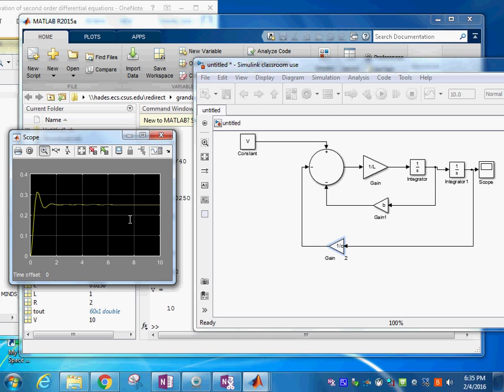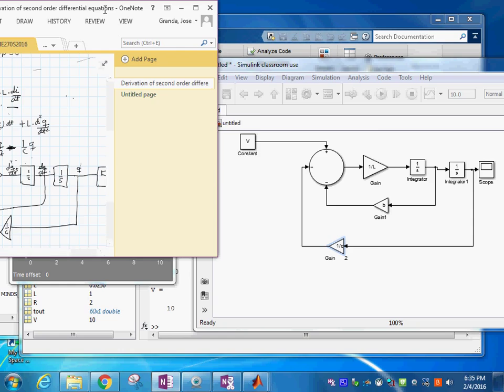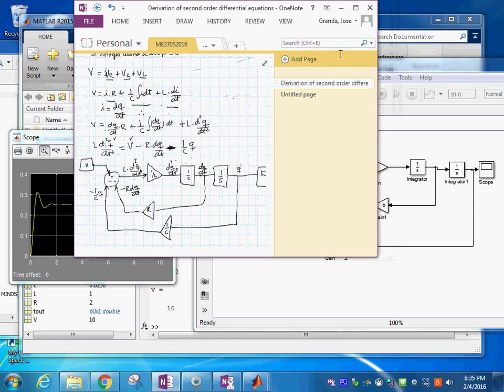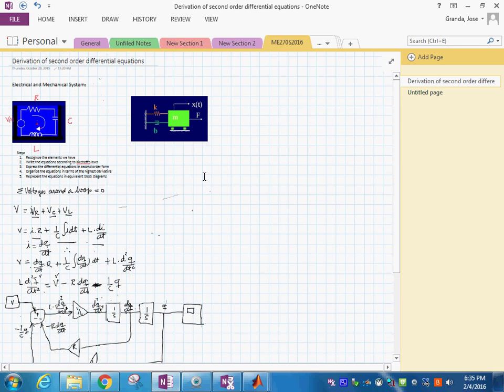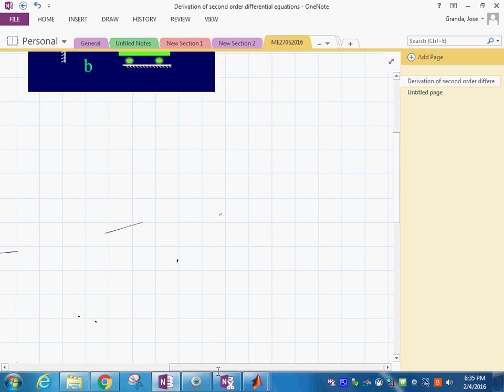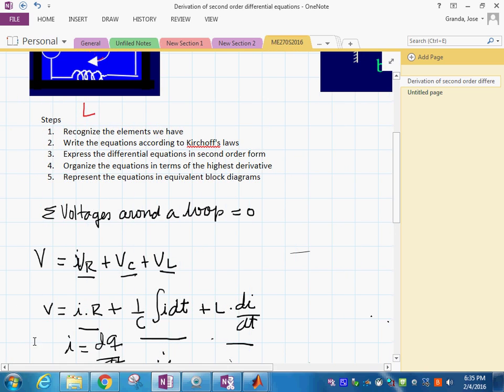So this is the simulation for the electrical system. We have gone through the steps. Let's review the steps in here to make sure that we have it all in one place, what we did. So represent the equations in equivalent block diagrams.